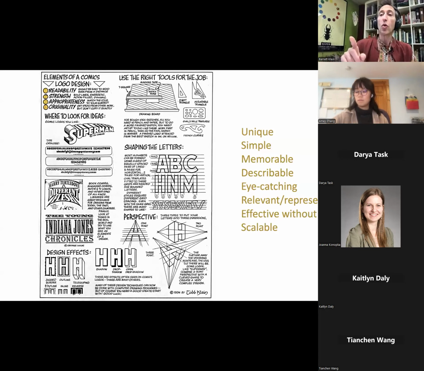Is it effective without color? And think about those who are colorblind, as well as having a versatile logo that could be black and white or monochromatic. And as some of you suggested, scalability could be important. Does the same logo or a variant on a logo appear on a business card or a billboard?